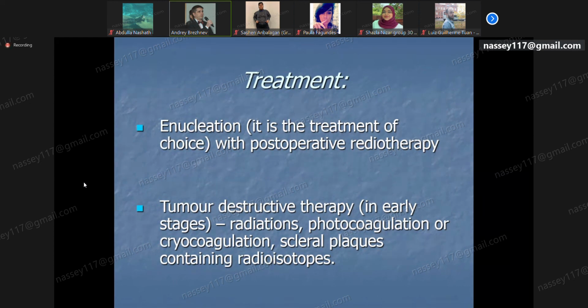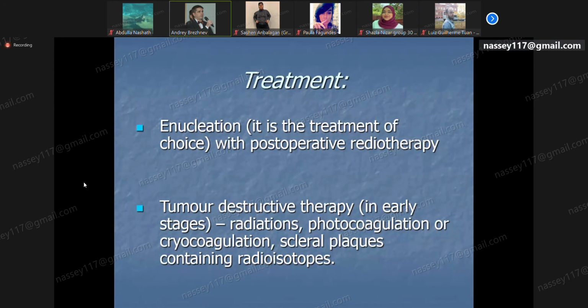And sometimes, in case of a small tumor in a very early stage, if it's possible, destructive therapy may be used, with the help of radiation, photo laser coagulation, or cryocoagulation. All these ways we use successfully, but you understand that the main condition for this is early diagnosis.